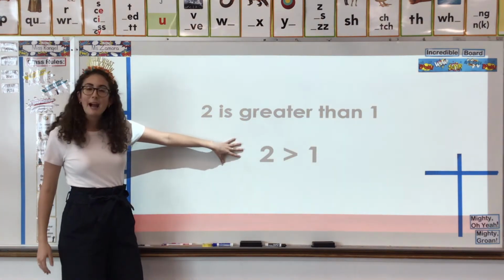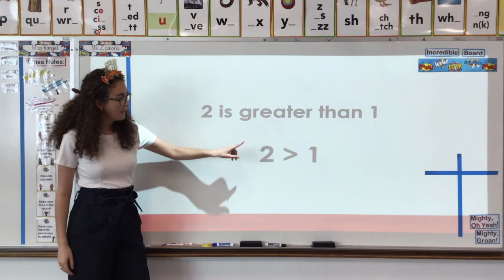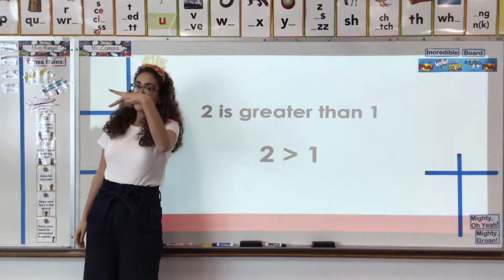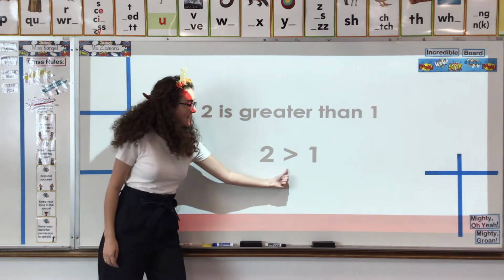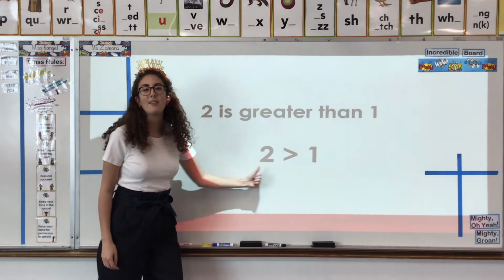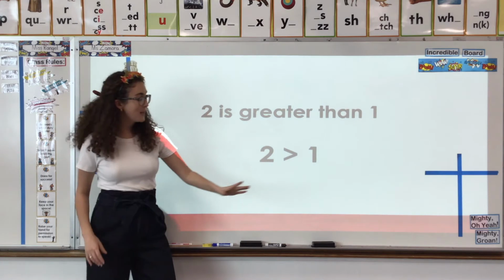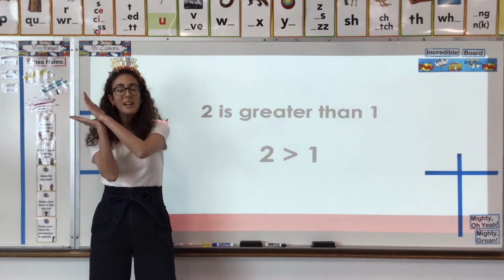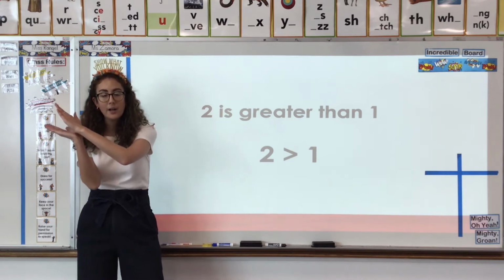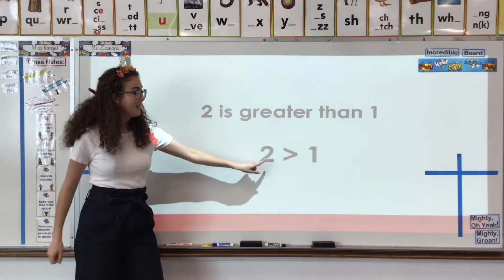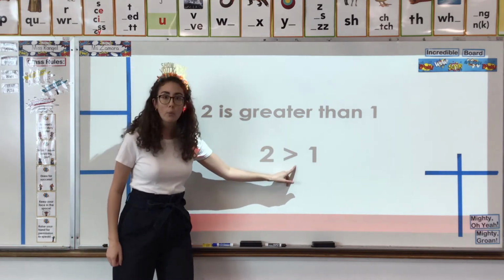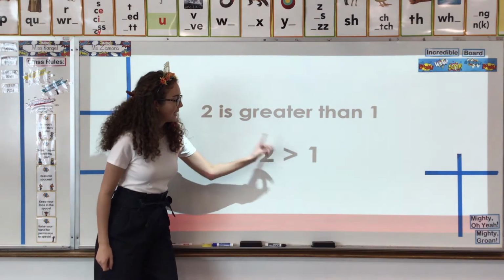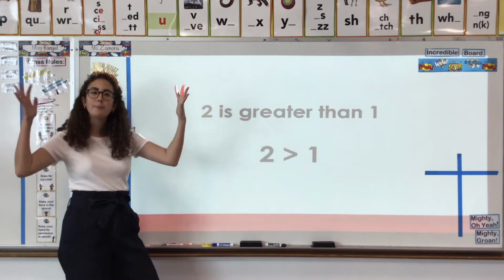So when we write it with our symbols, we can see that our comparison is facing to the left. It's facing the bigger number, that's where it's open. So because our symbol is open to the left, we know that first number is bigger. So this reads that 2 is greater than 1. Because this opening is showing that 2's the bigger number.